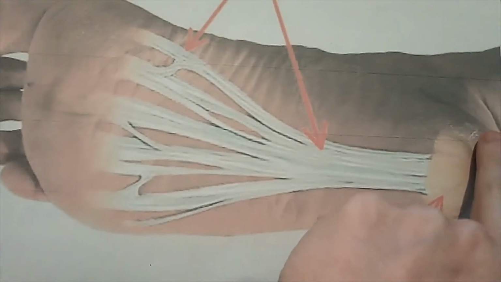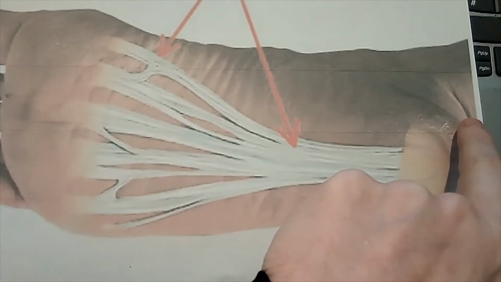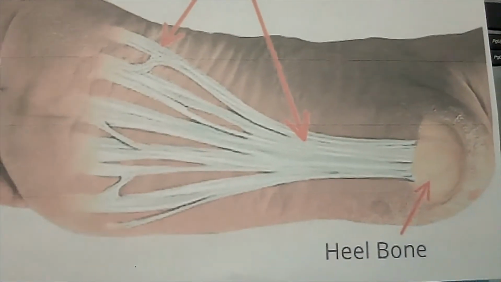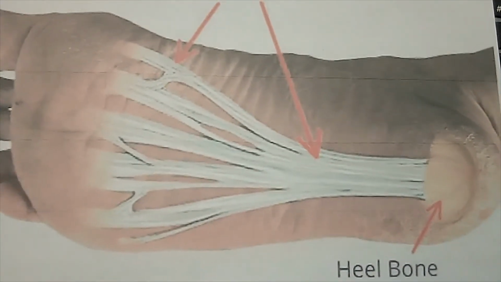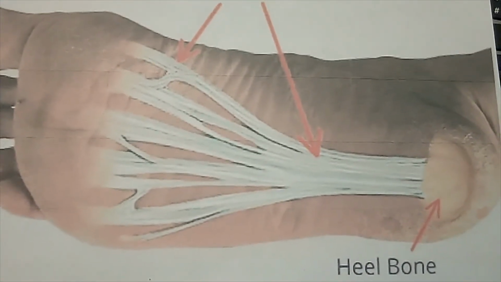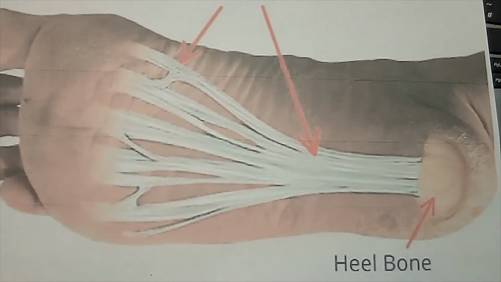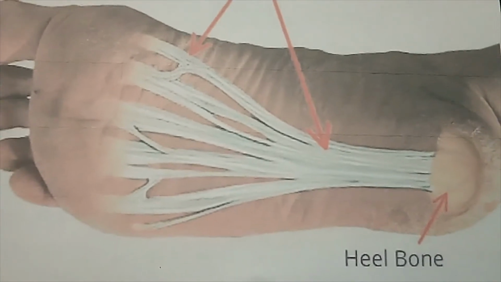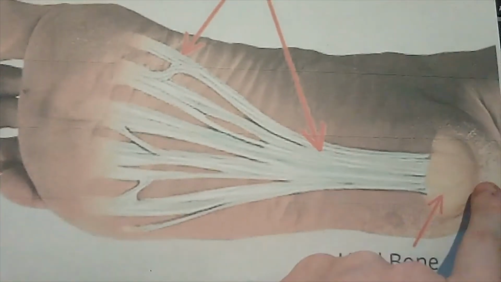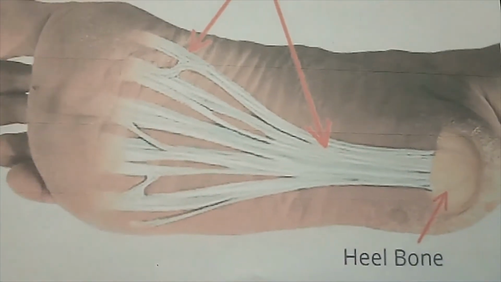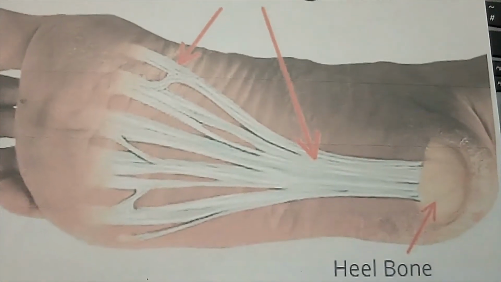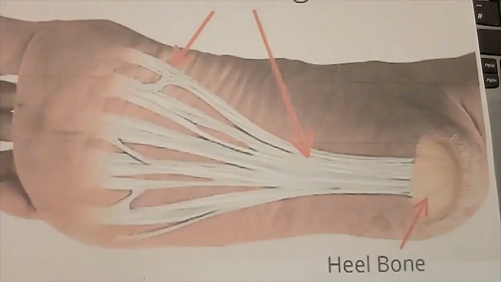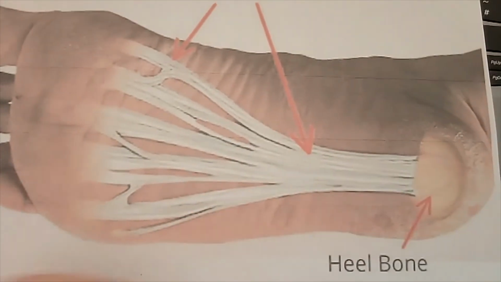Obviously on the other side of the heel here, going up past the ankle and into the bottom of the calf, you've also got the Achilles tendon, which if that's tight, if you've got calf tightness, will also pull on the heel bone from the other direction. So hence why you can then get pain around the heel.